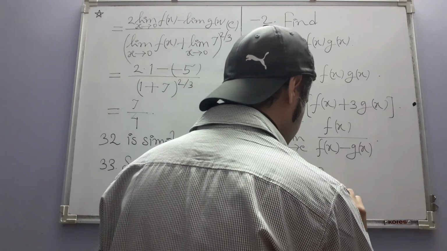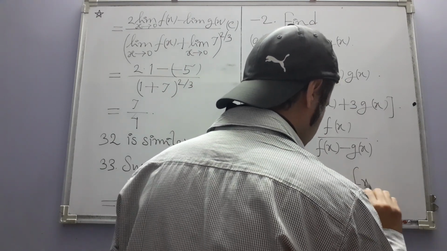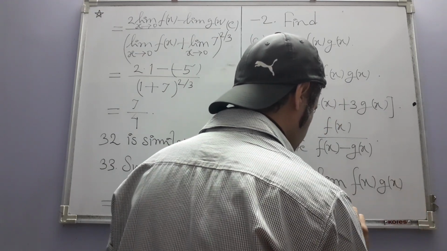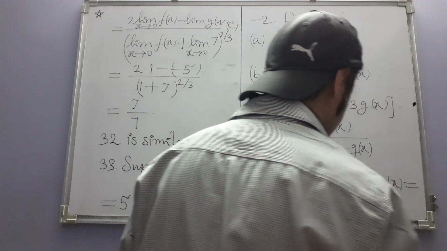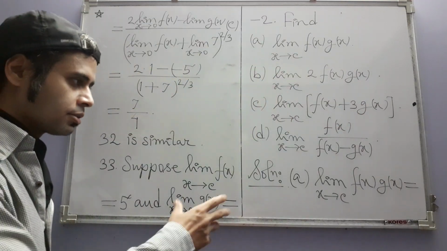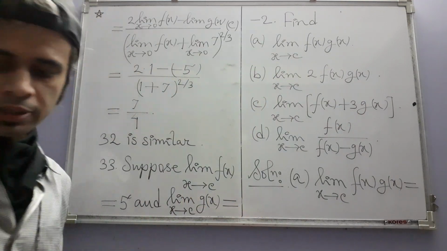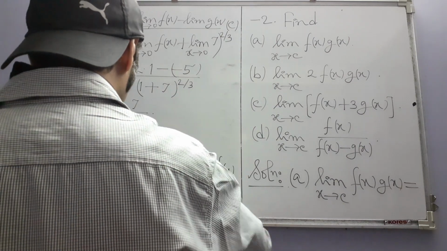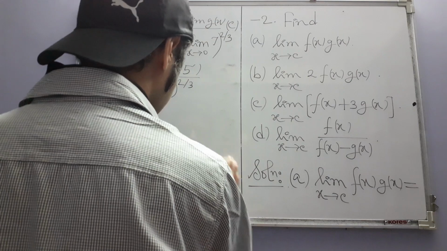So in A, we can, however, go systematically like this. Instead of straight away writing the final answer, we can show the steps. That way it will be clear which parts of theorem 1 we are using.